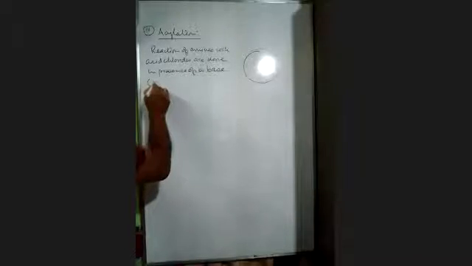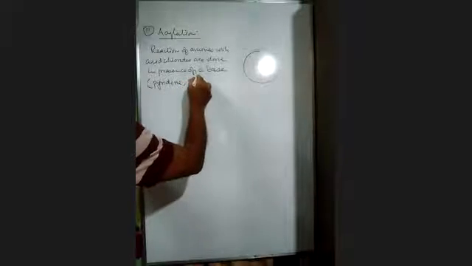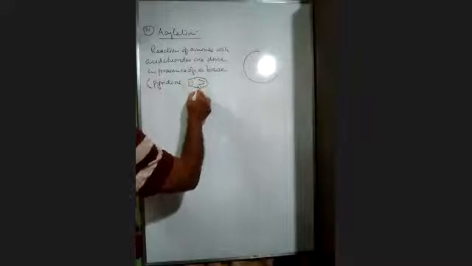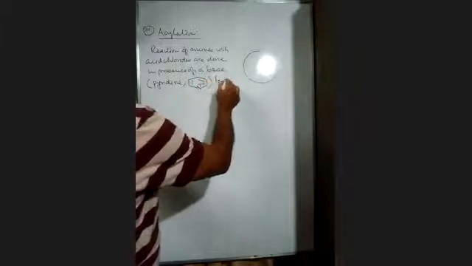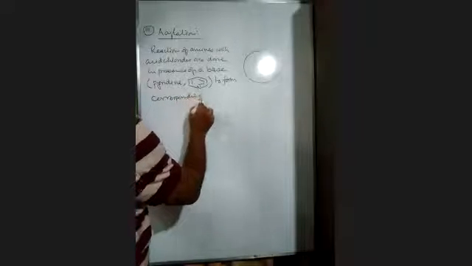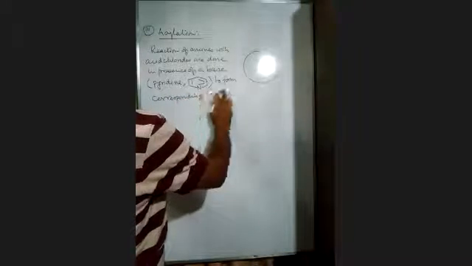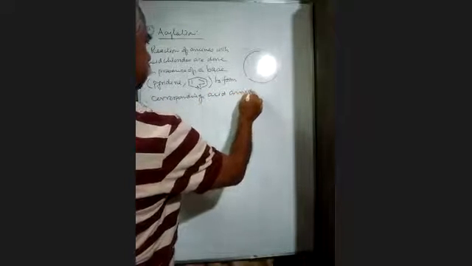Then what base do we take? Pyridine. This is pyridine. Pyridine is an organic base. To form corresponding acetamides.